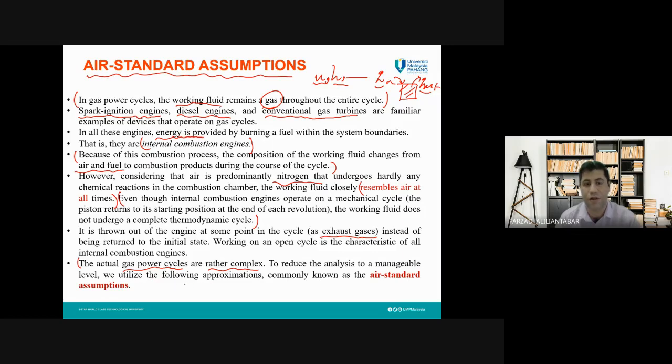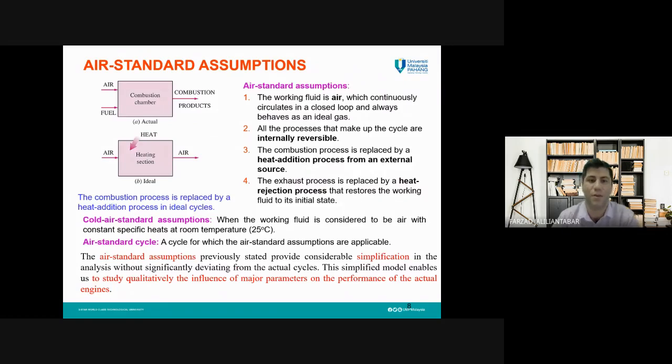Then we will need to follow some approximations. We call these approximations air standard assumptions. These assumptions are important. Without them, we cannot solve problems related to this type of cycle.